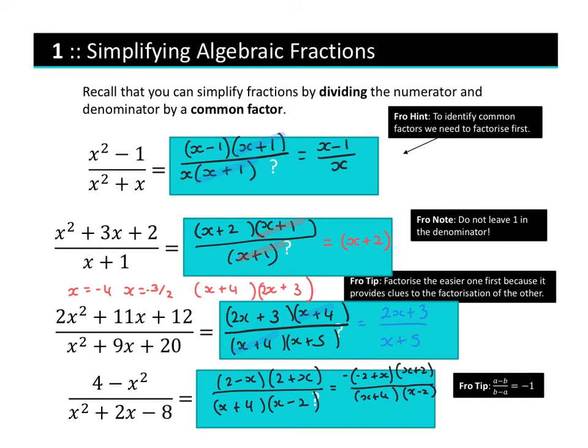Now, we know that minus 2 plus x and x minus 2, they are the same thing. So now we can cancel them. And then we're going to be left with minus x plus 2 all over x plus 4. So we could again write that as minus x minus 2 over x plus 4. And then we have fully simplified all of these fractions.